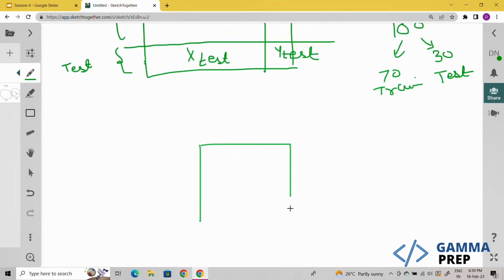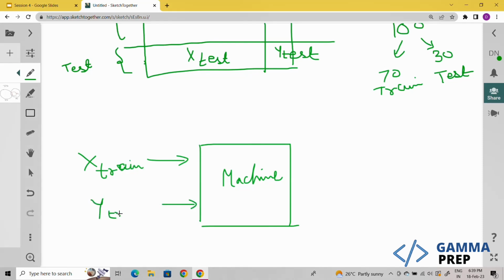So let's say we have our computer here. We are giving X train and Y train, that is we are providing the training data, and we are saying, hey, this is the data, based on this build a model for me. Obviously I will tell the model also, I want to build a linear regression model or a logistic regression model or any model that I want to build. So I'll give the model name as well.